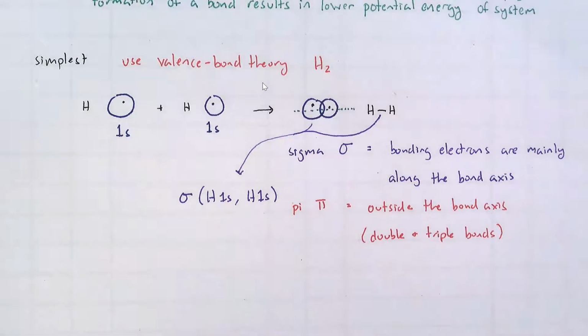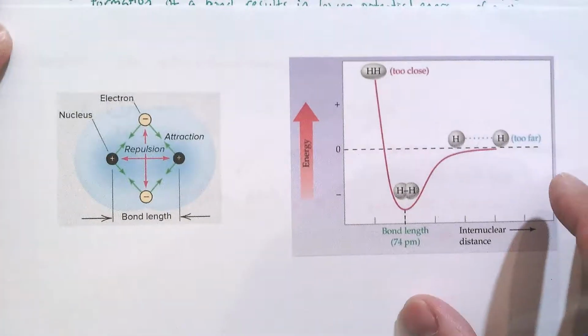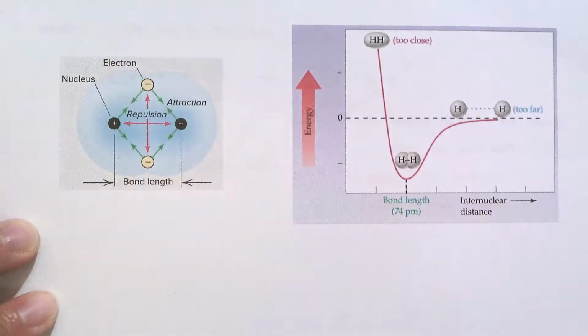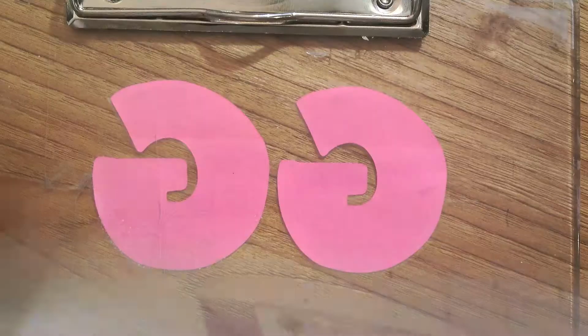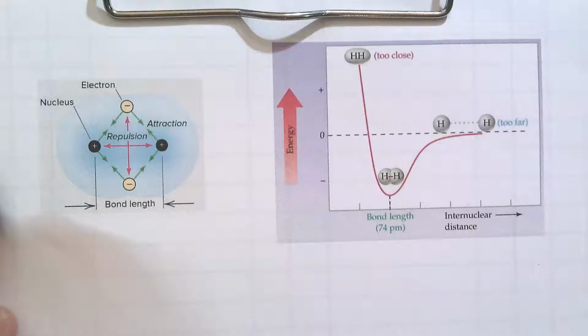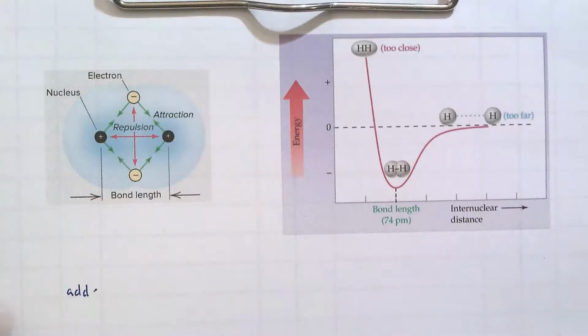We're going to look at some more examples, but before I do that, I want to talk about the energies of this interaction, this bonding. You should be aware that you have to add energy to break a bond.